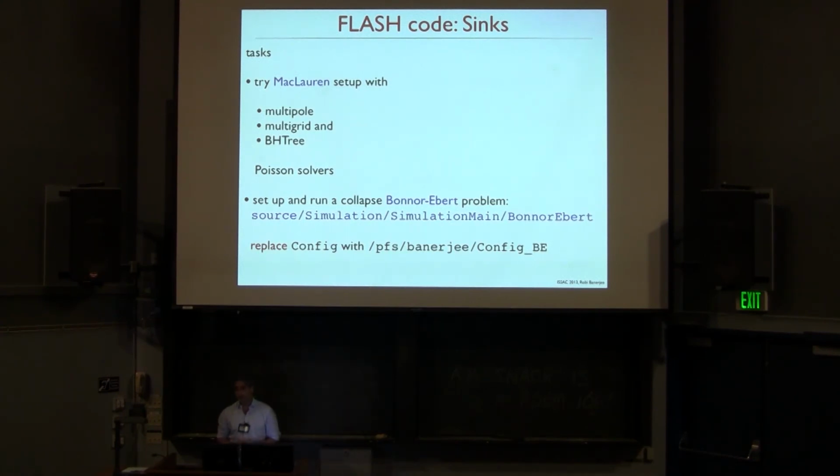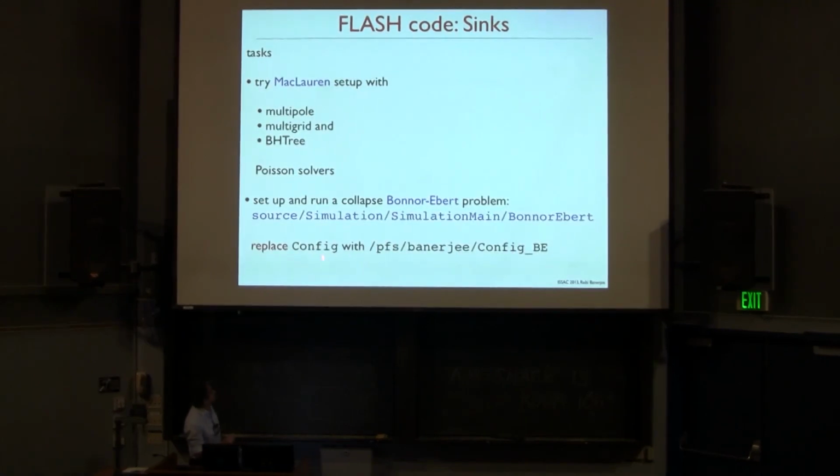If you want to try this out, you want to update the config file which resides in this directory with the one which I provided here, because there was a little mistake. So you want to first update this before you try the Bonner-Ebert problem. Okay, that's about what I want to say about the gravity solver in FLASH for today. Thank you so far.